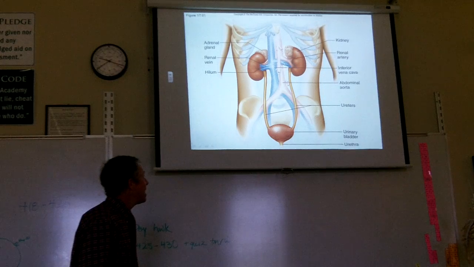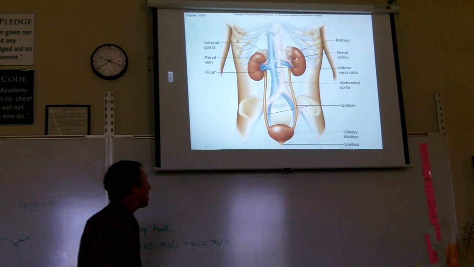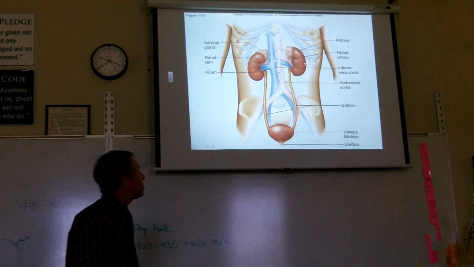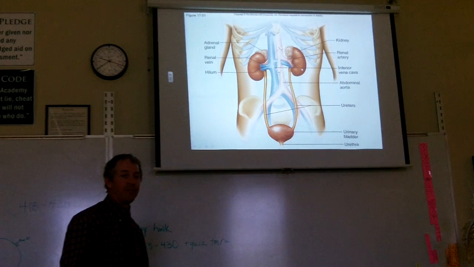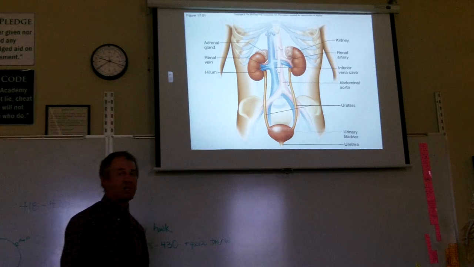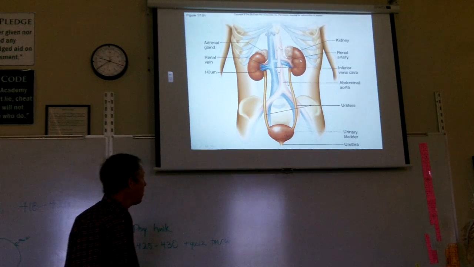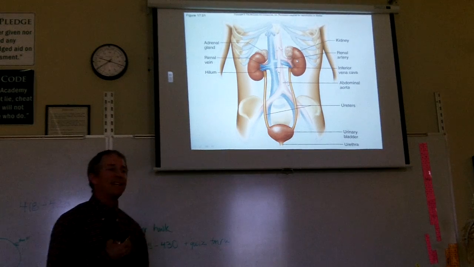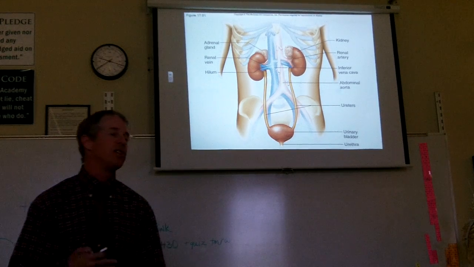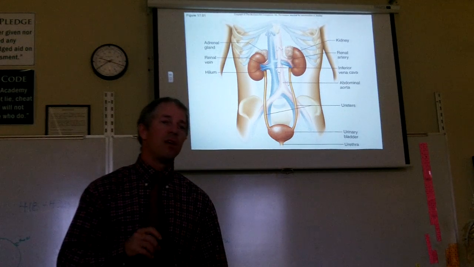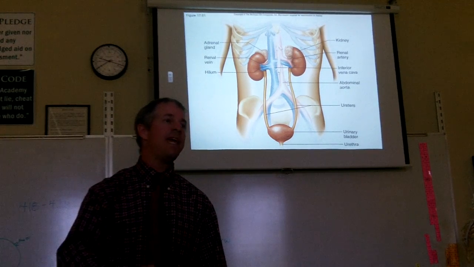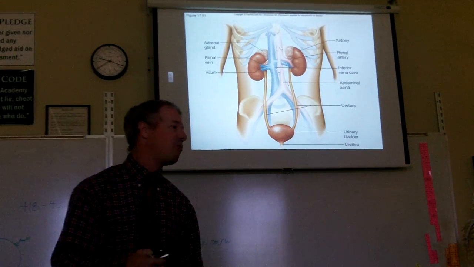And inside the kidneys, the little vessels break down into smaller and smaller vessels, and eventually the blood gets filtered. I'm going to show you how that works in just a second. And the stuff that's in the blood that needs to be removed are usually poisons, stuff that the body doesn't need. The main thing that you pee out every day that you don't need is called urea.